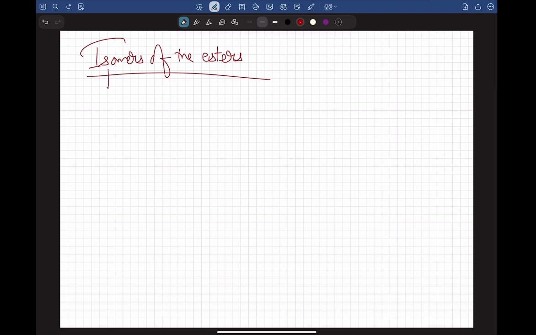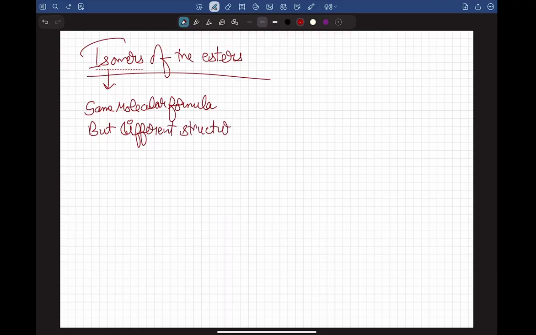We will not do it in detail. We will just discuss till the level of esters. Isomers are the molecules with the same molecular formula but different structural formula.